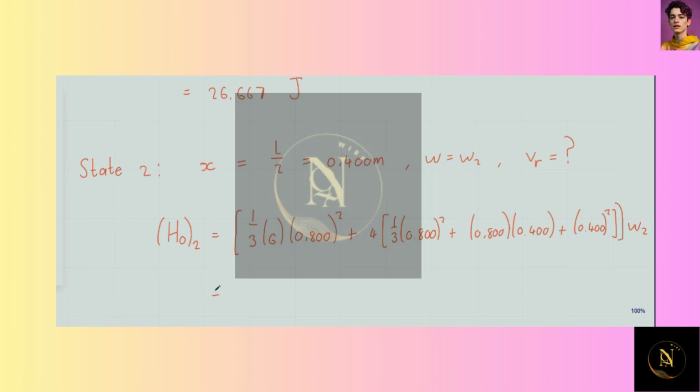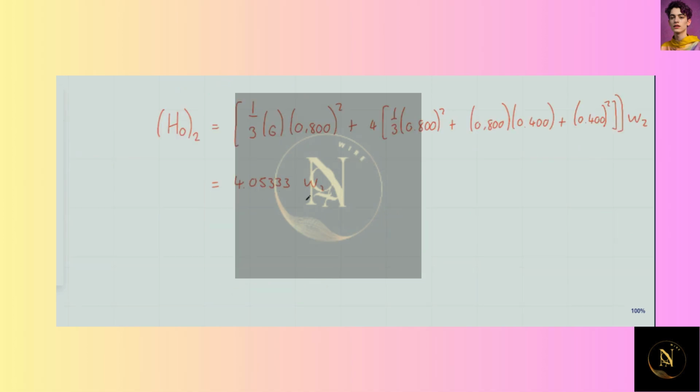If we simplify this, we get 4.05333 times omega 2. Remember, omega 2 is the angular frequency of the system in state 2, and we don't know what omega 2 is. So that's the angular momentum of state 2 about O.